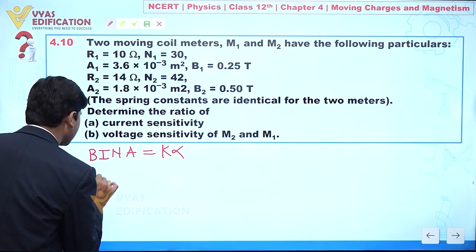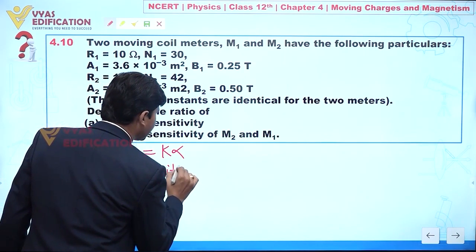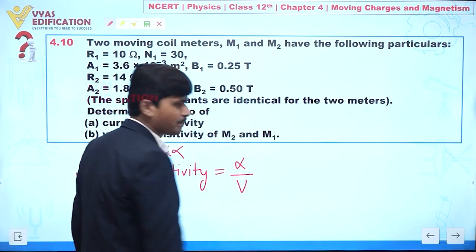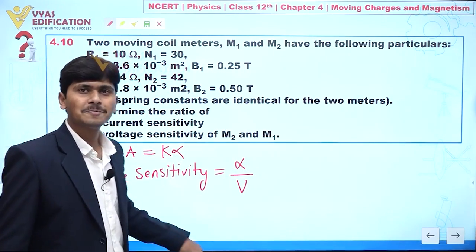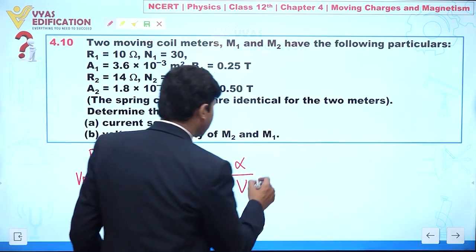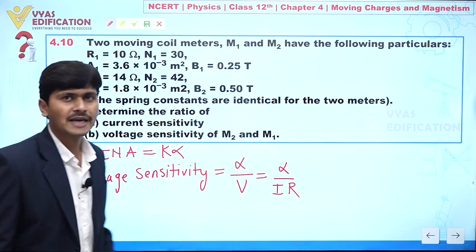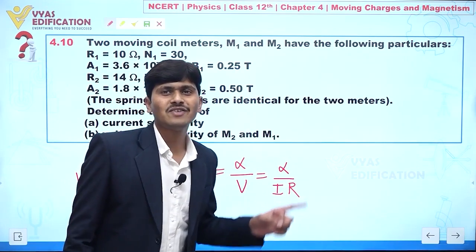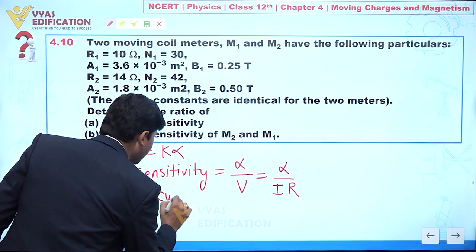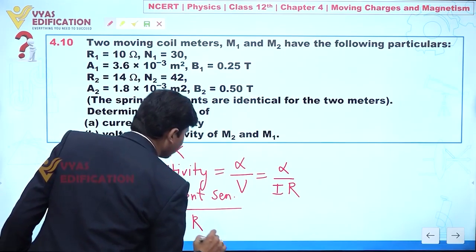So voltage sensitivity is defined as current sensitivity divided by resistance.